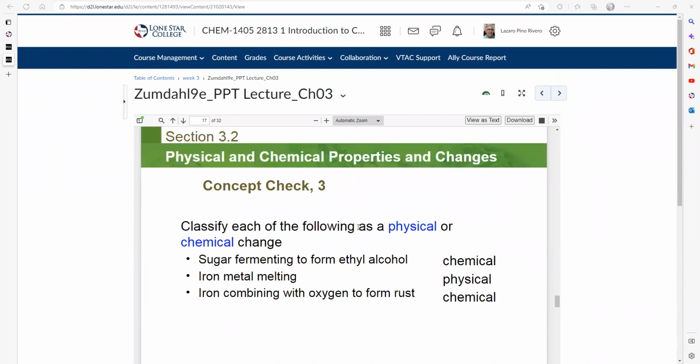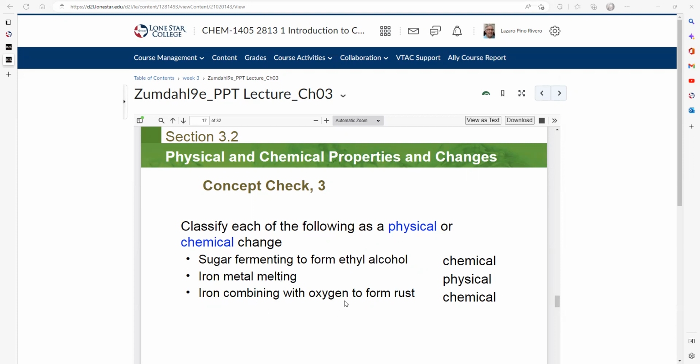Classify each of the following as a physical or chemical change. Sugar fermenting to form ethyl alcohol is chemical because you begin with sugar and at the end you have what? Ethyl alcohol. Iron metal melting is physical because you go from the solid state to the liquid state.